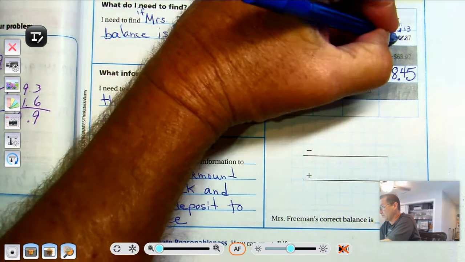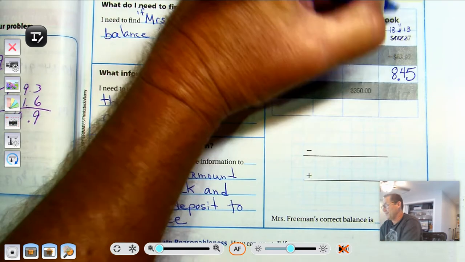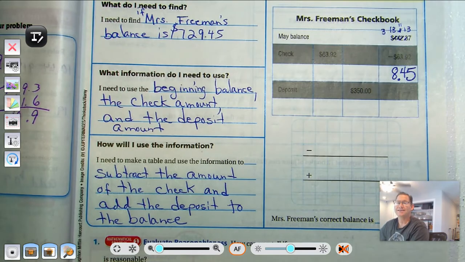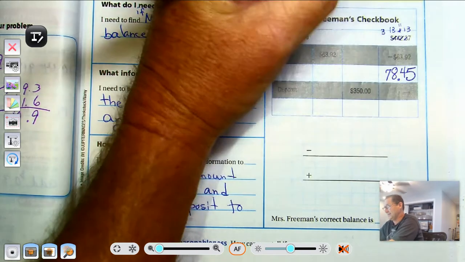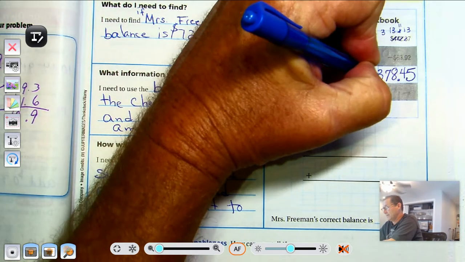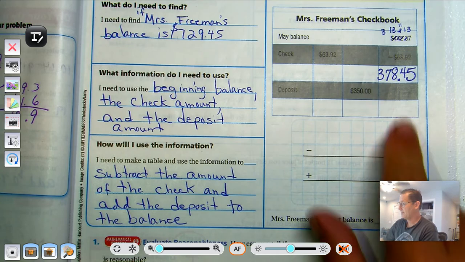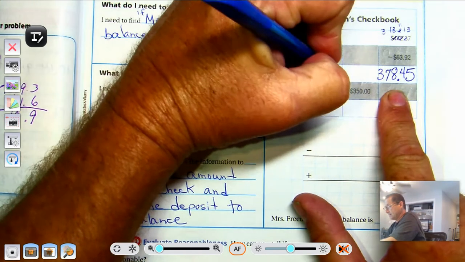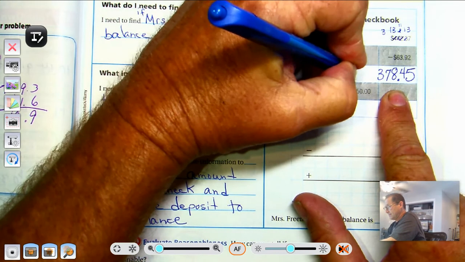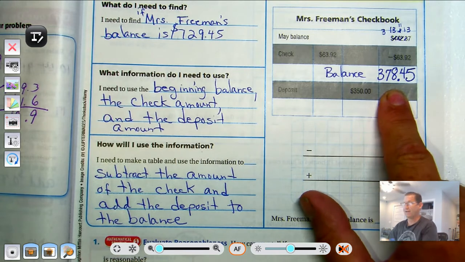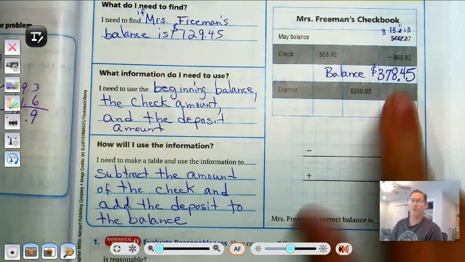Again, I can't do that, so I'm going to regroup from the hundreds, and I'm going to give 10 tens to the tens. And so we now have 13 tens, take away 6 tens, is 7 tens. And 300, take away nothing, is 300. So after writing that check for $63.92, my balance is now $378.45.